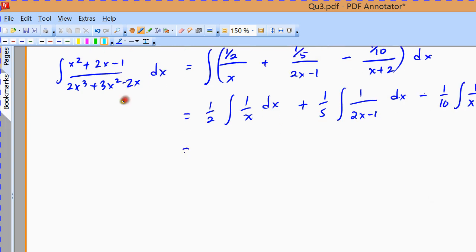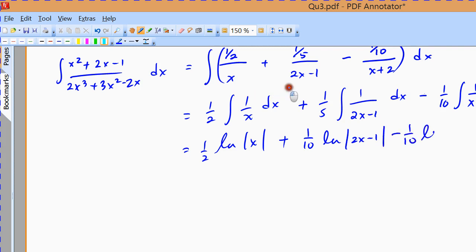So we have 1 over 2 log of x plus 1 over 10 log of 2x minus 1 minus 1 over 10 log of x plus 2 plus c, and that's your answer. Now if you are uncertain about how to integrate this, just use a simple u substitution for 2x minus 1.